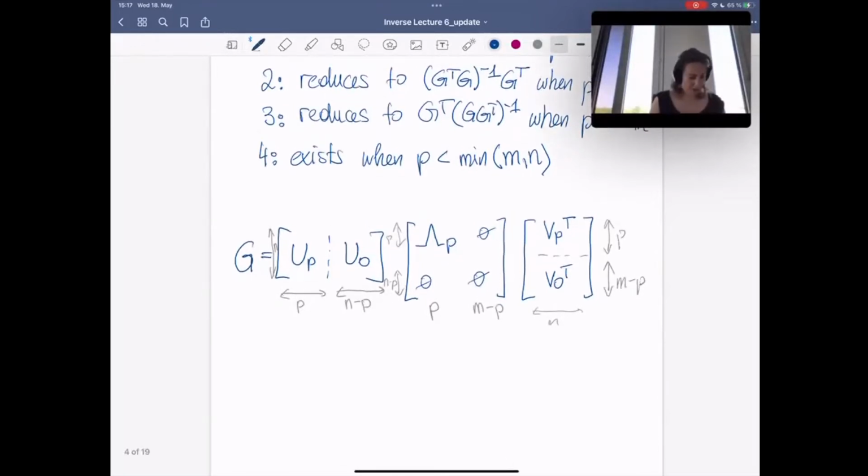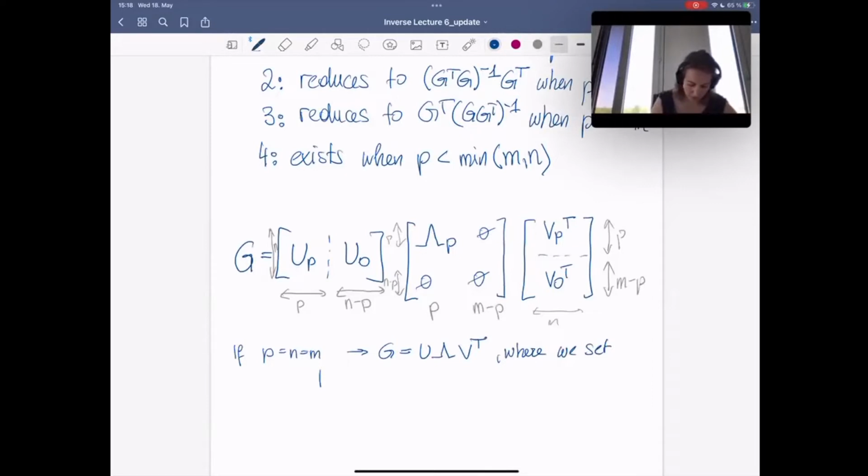So just to remember, if P equals N equals M, we have G equals U lambda V transpose, where all eigenvalues are larger than 0.